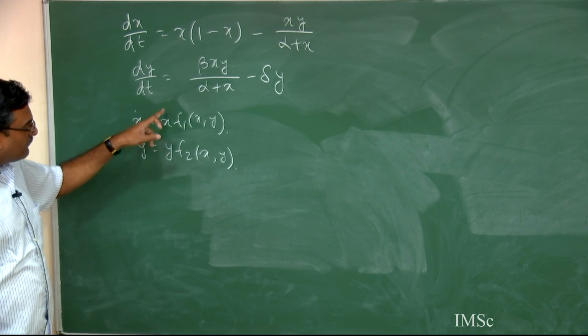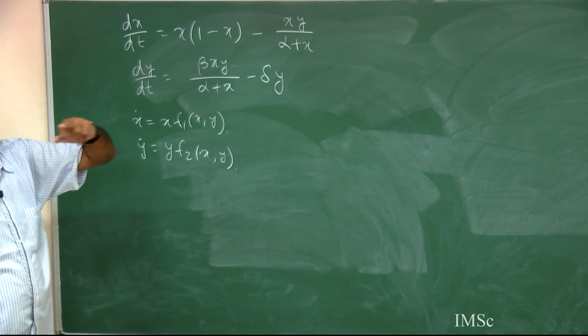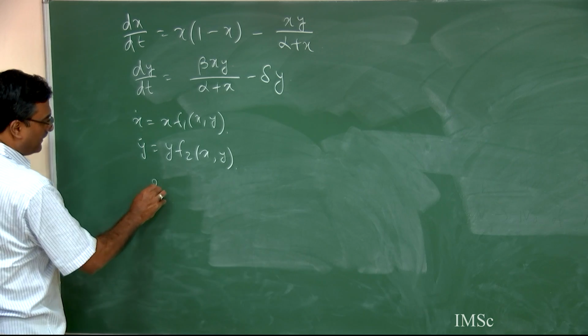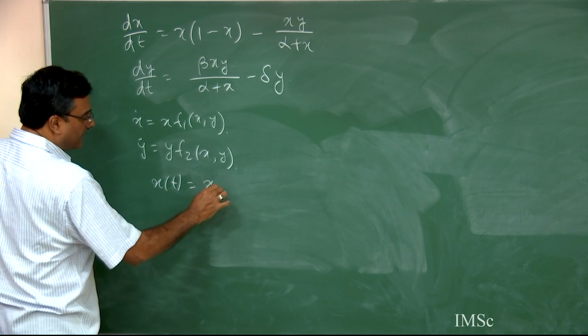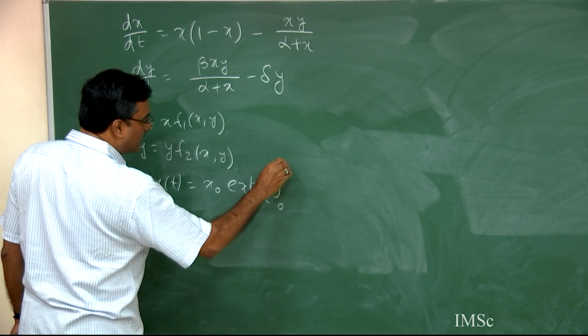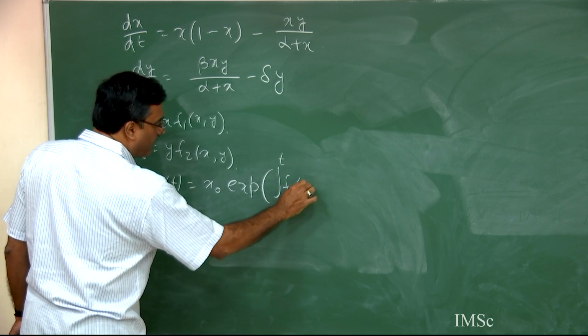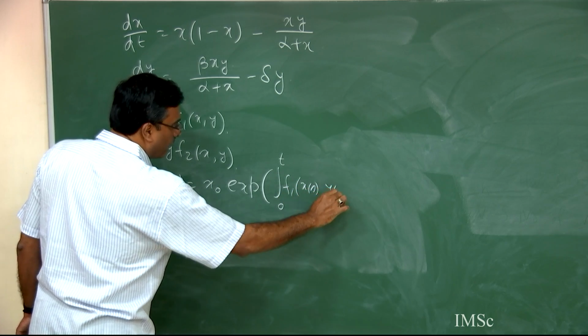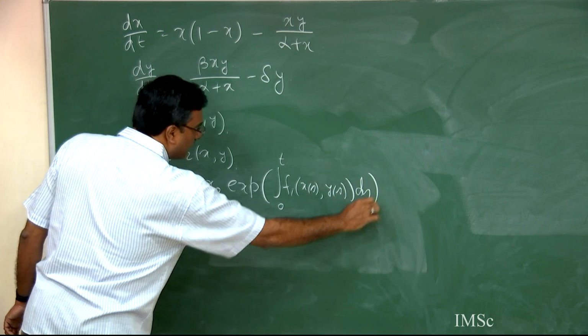If you solve this equation from 0 to t, then you will have x(t) equal to x0 times exponential of the integral from 0 to t of f1(x(s), y(s)) ds.